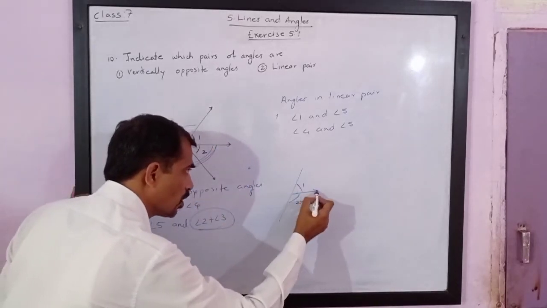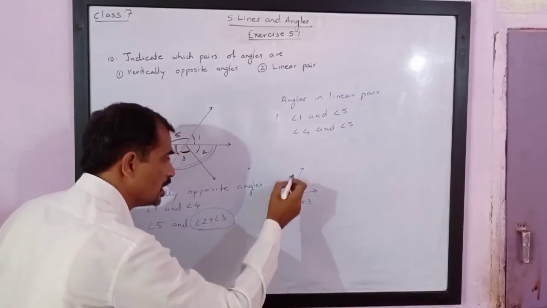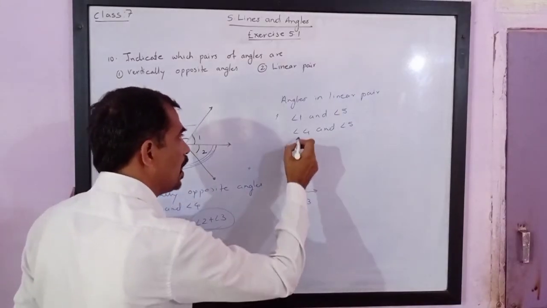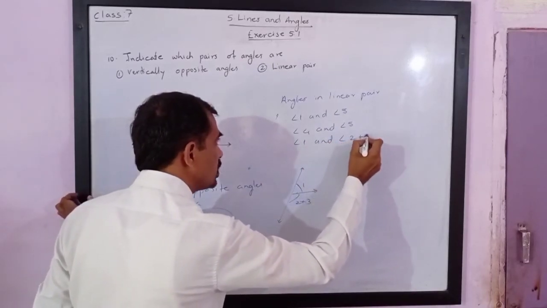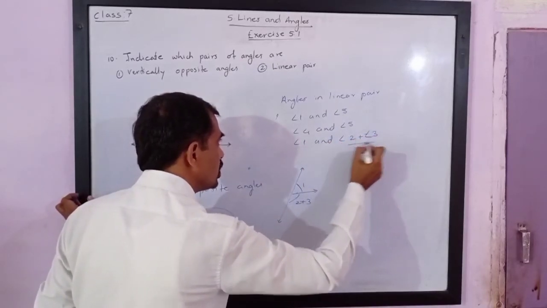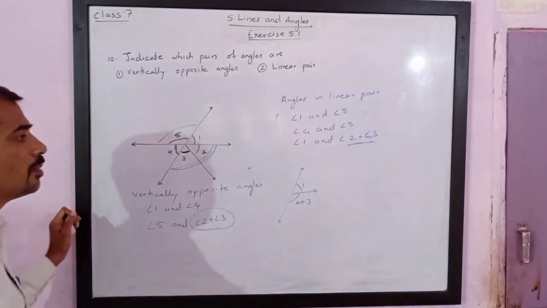You will notice this is a common arm and the uncommon arms are opposite rays. So angle 1 and angle 2 plus angle 3 together also form a linear pair.